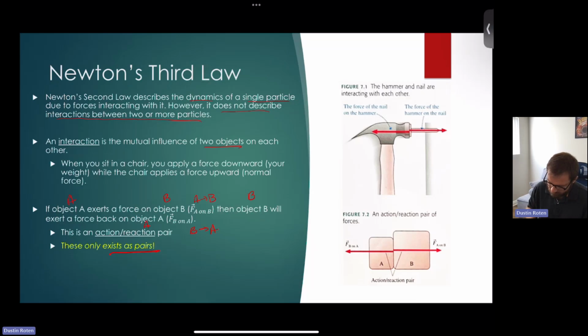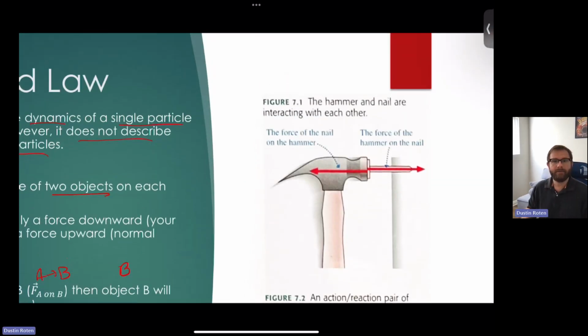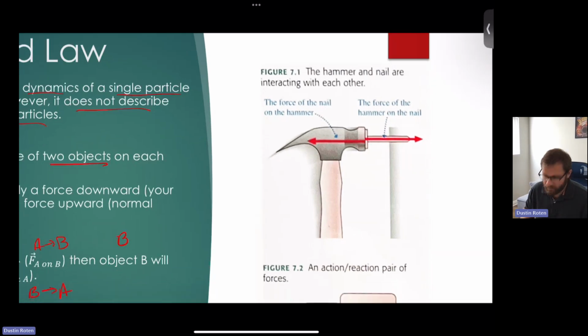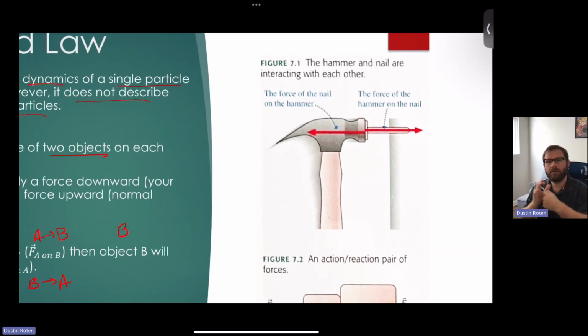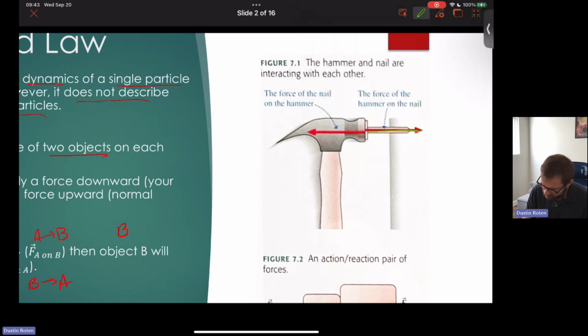So let's look at an example here. We have the obvious hammer hitting a nail. Obviously, the nail is going to feel a force because it moves. We can draw that. So obviously we have the force of the hammer on the nail, but what you may not think about is we also have the force of the nail on the hammer pushing back.